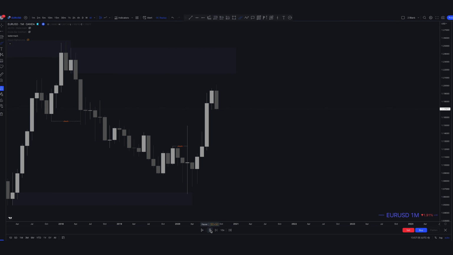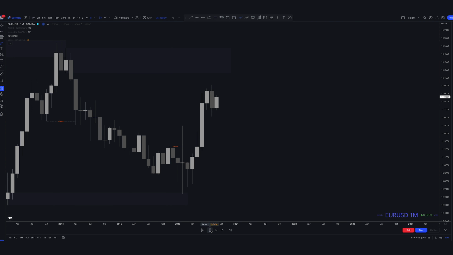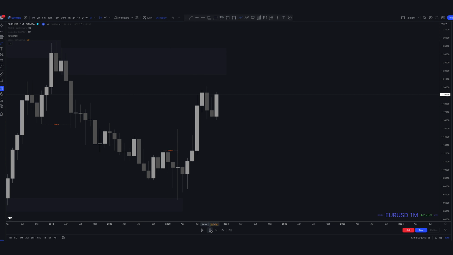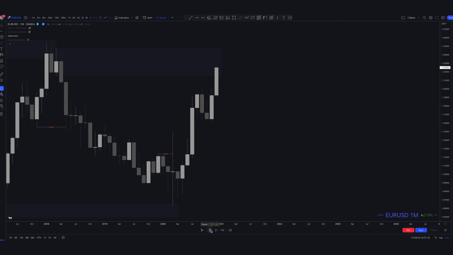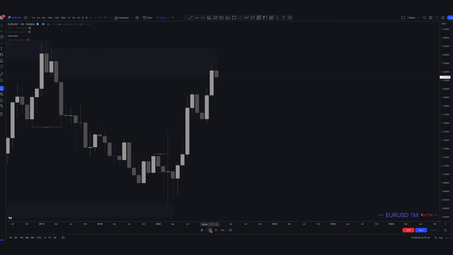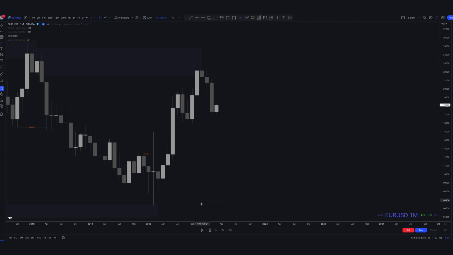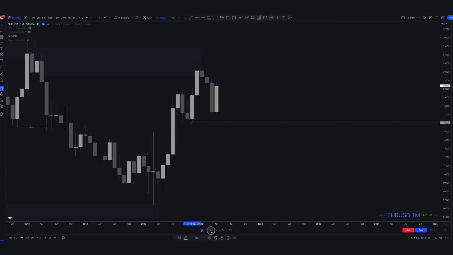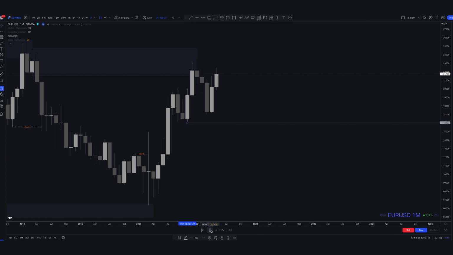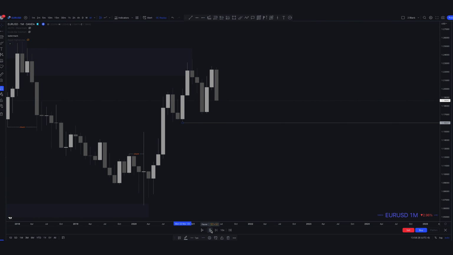Let's just look for another example, just to nail this down. And same here again. This one didn't break, so now we have this one as our lowest point after this break, push, pullback and push. So if price breaks this low, then we're gonna have a CHoCH.